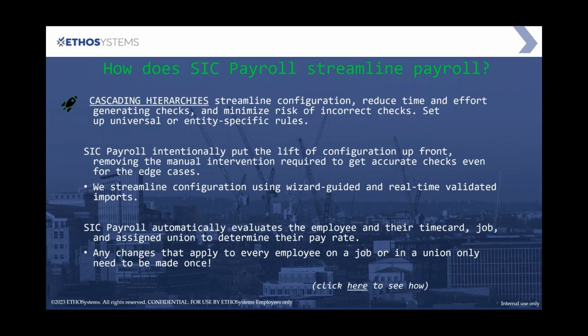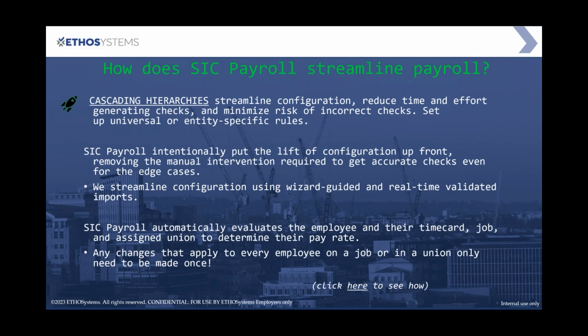Thank you, Kyle. So from a construction payroll standpoint, one of the key items are what we would call the cascading hierarchies. It allows more from a configuration standpoint, and the intent is to reduce or eliminate as many manual adjustments on the time cards or within the checks windows themselves.